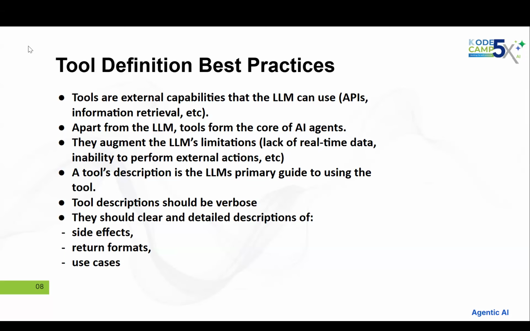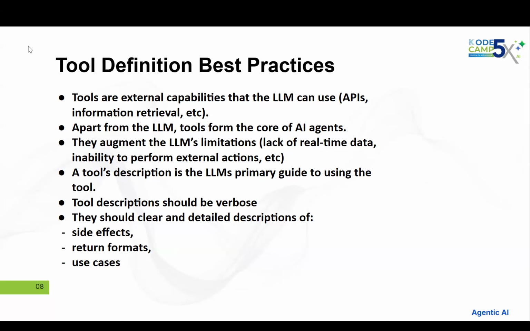Kenneth has typed his question and he says, so in a nutshell, the LLM is the brain and the tools add other functionalities limited to the LLM. I wouldn't say functionalities limited to the LLM. I would say functionalities that are beyond the capabilities of the LLM.